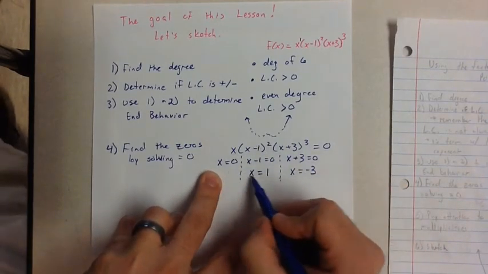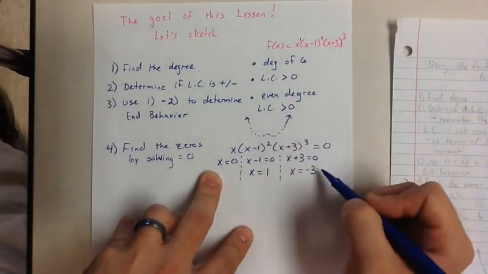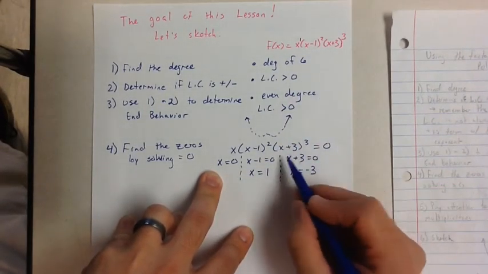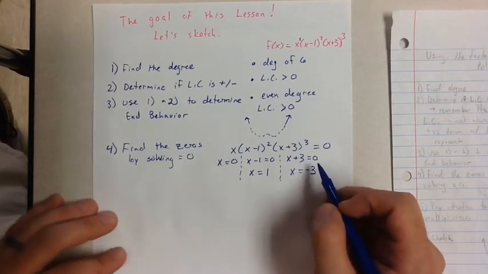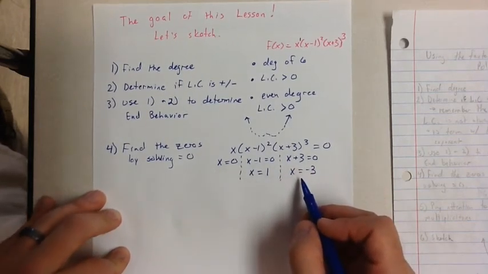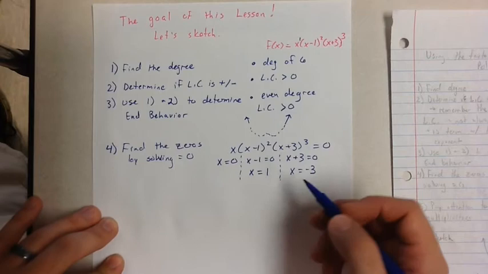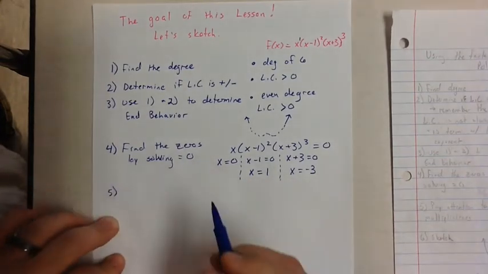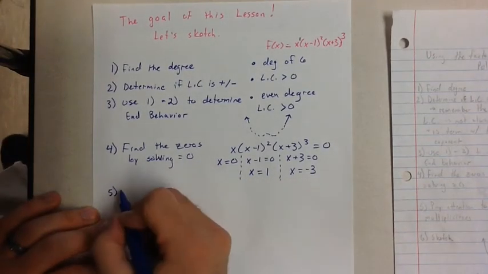This will probably be one of the quickest steps of this whole process, because we're so used to finding our zeros in this case. So with these zeros, what we added today was this idea of multiplicity.